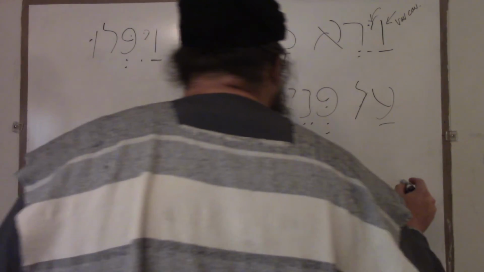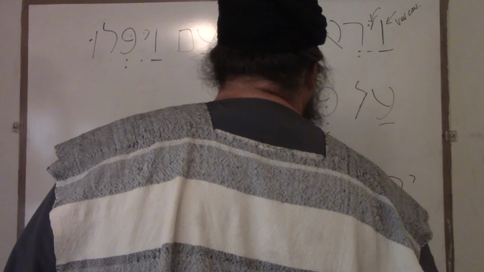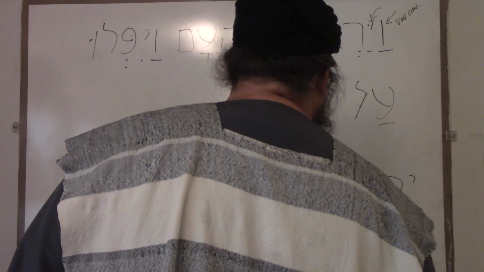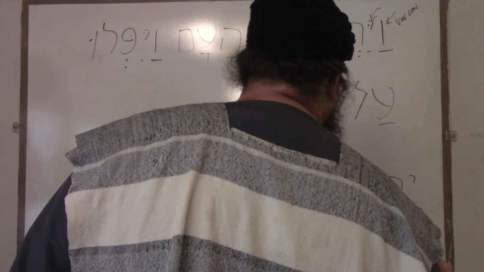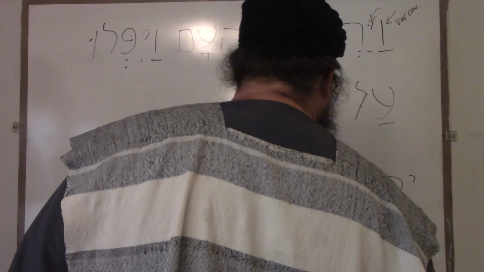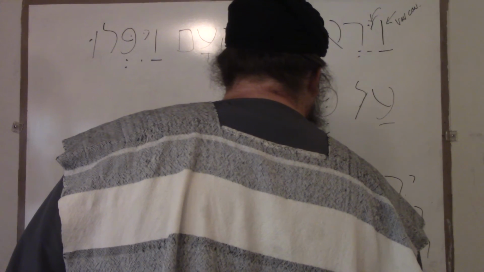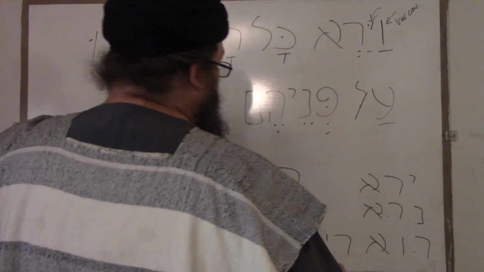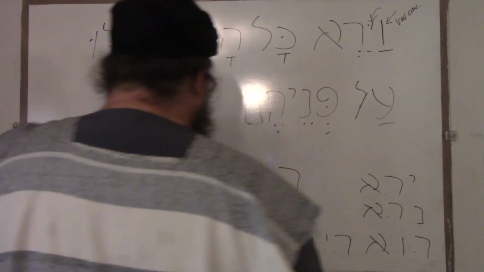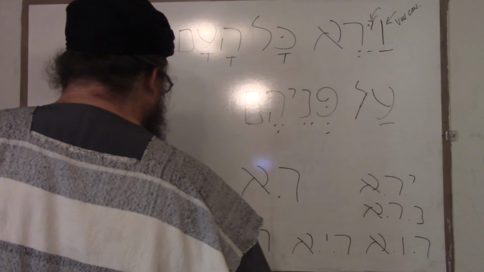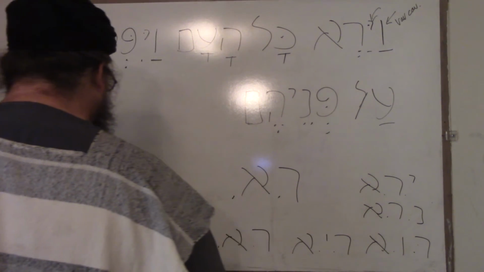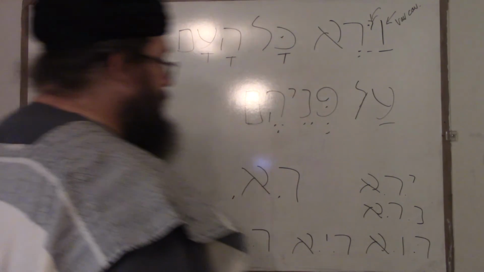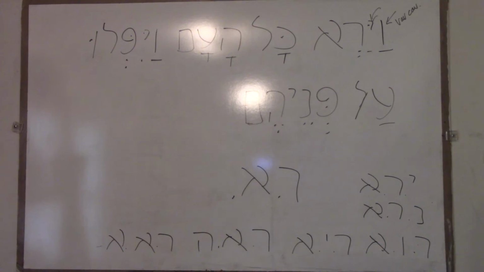We said that we can add a yud to the front, we can add a nun to the front, we can add a vav to the middle, we can add a yud to the middle, and we can add a hey to the end, or we can double the last two root letters. Okay?